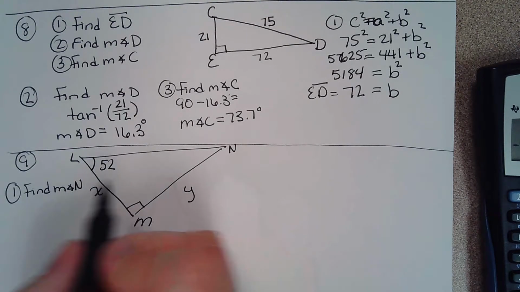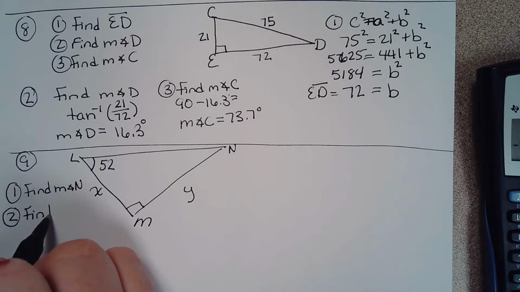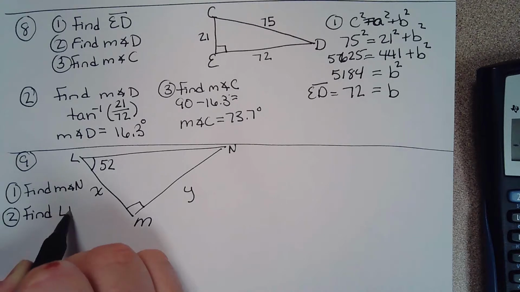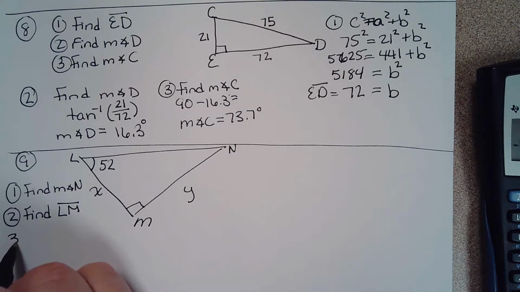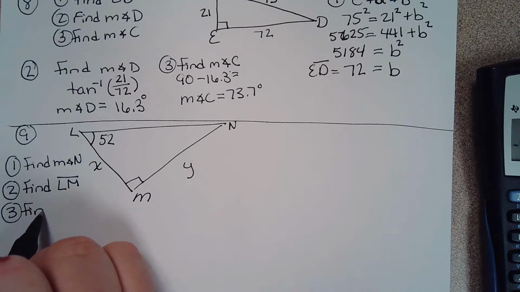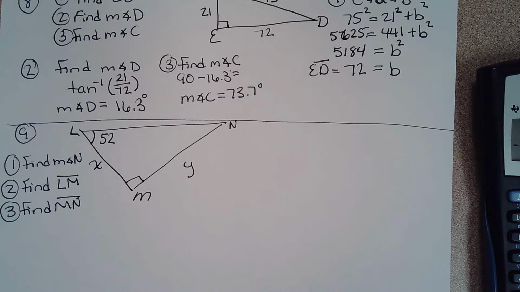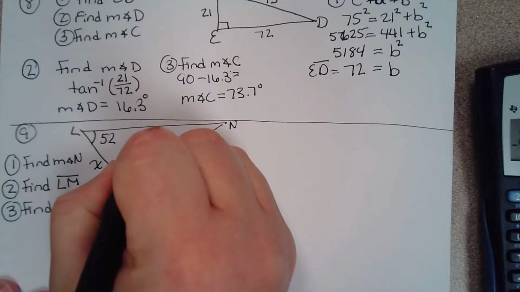Step 2 is find LM, and then step 3 is going to be find MN. So that's basically what we're going to do in this particular problem. This one up here is 3, by the way, for the measurement.